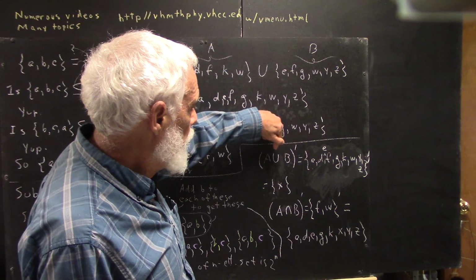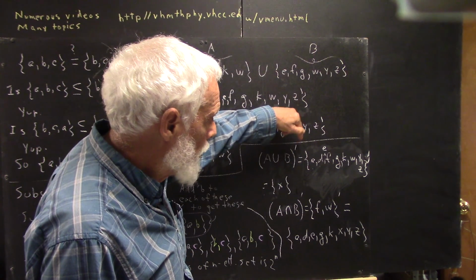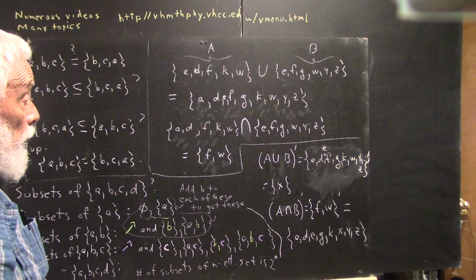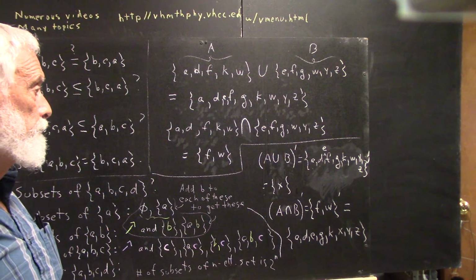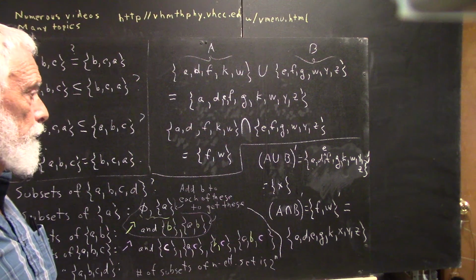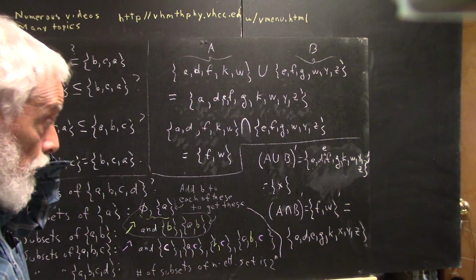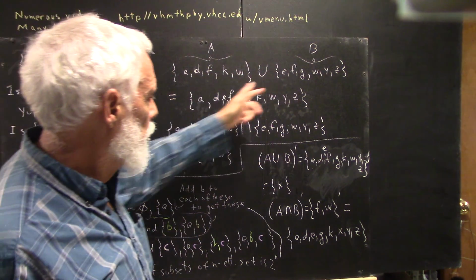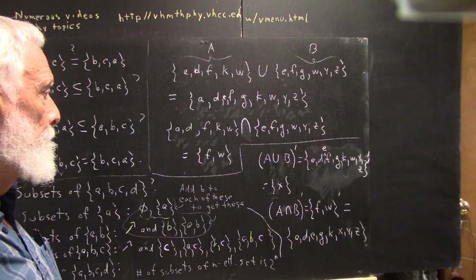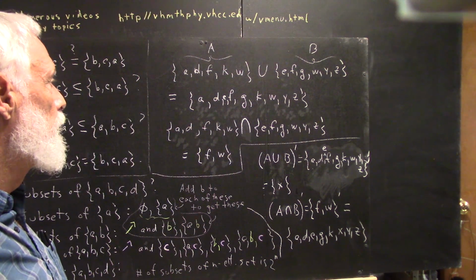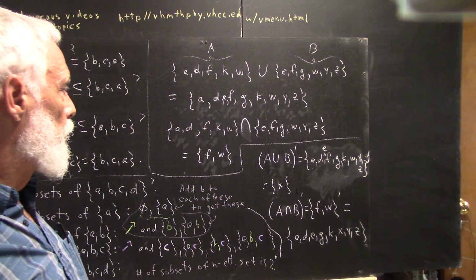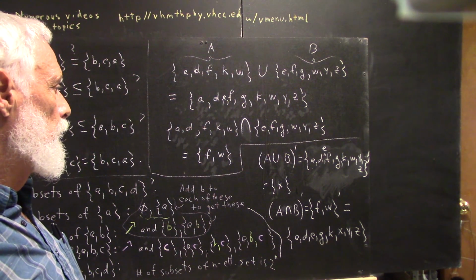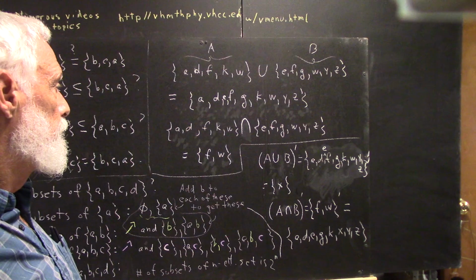But A union B with an apostrophe, the apostrophe means complement, and it means everything that's in the universal set that's not in the set A union B. Okay, so of the letters that have occurred here, which ones don't occur in the set A union B?